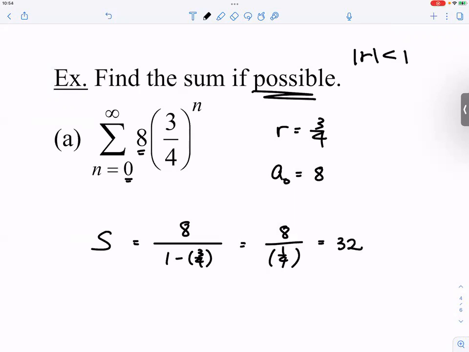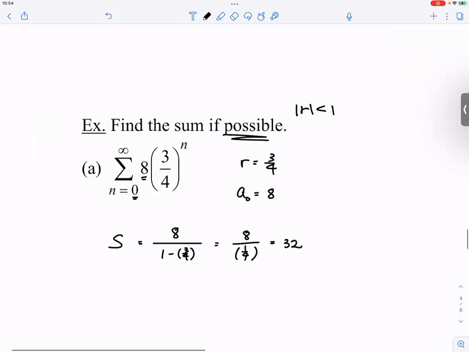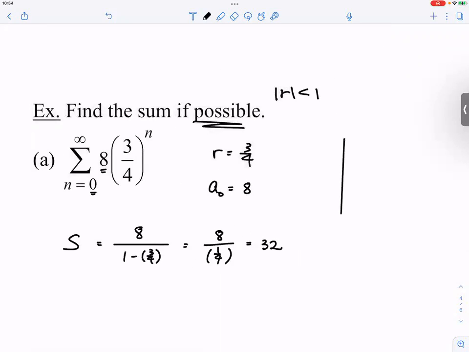Okay, 32. So basically what we're saying here is that if you have a graph that looks like this and goes down all the way here, and if it keeps on going all the way to infinity, hey, what's the area here?